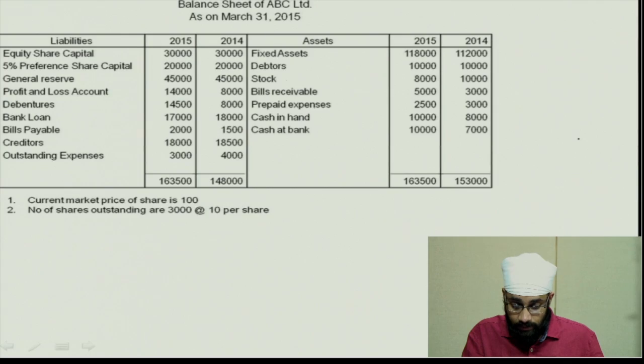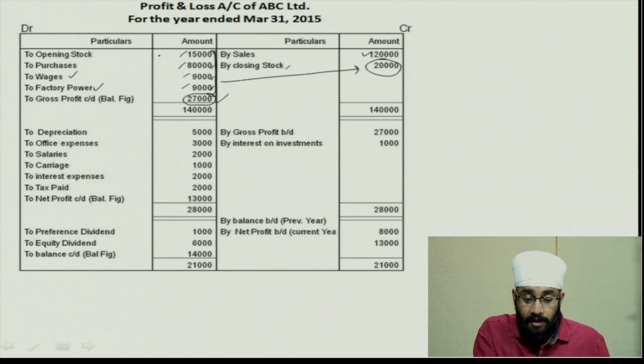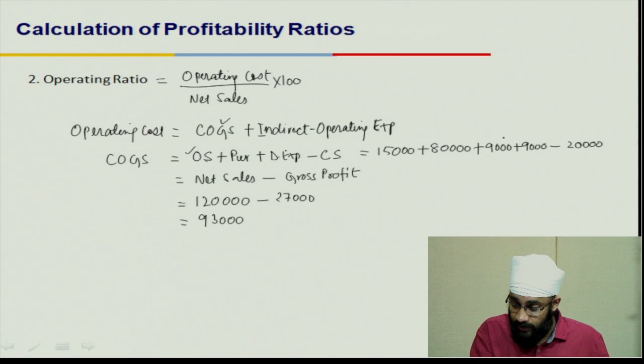Let's look at the income statement. Opening stock 15, purchases 80, 9,000 each for wages and factory power. These are the direct expenses relating to production of goods, and closing stock is 20. So the result of this calculation again will be equal to 93,000. So you can calculate cost of goods sold either way.